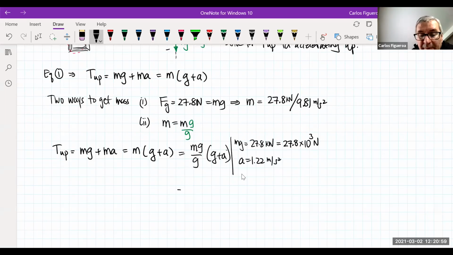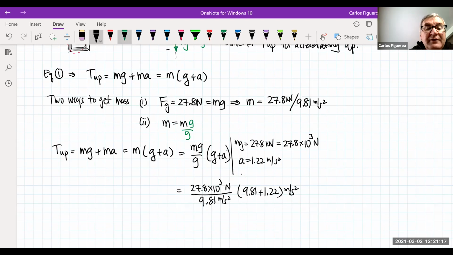So I write 27.8 times 10 to the 3 newtons divided by 9.81 meters per second squared, times 9.81 plus 1.22 meters per second squared. You can see that those terms cancel out, leaving newtons for the tension. When I calculate the tension, I get 31,300 newtons, or 31.3 kilonewtons, and that's my tension up.